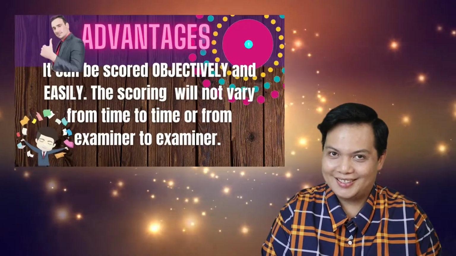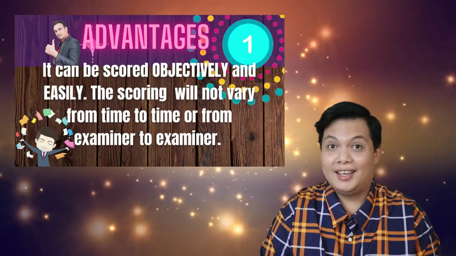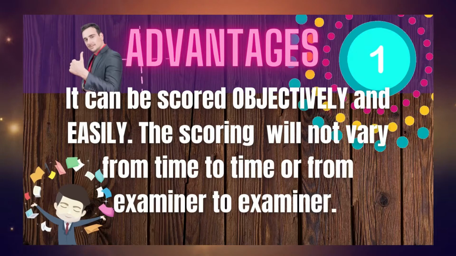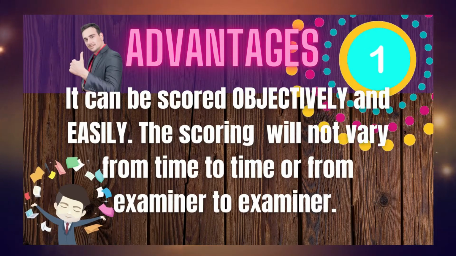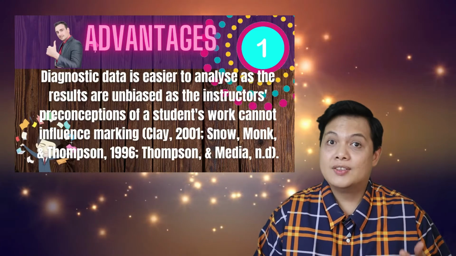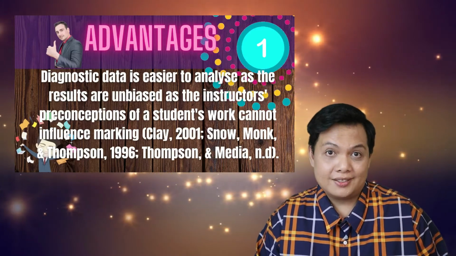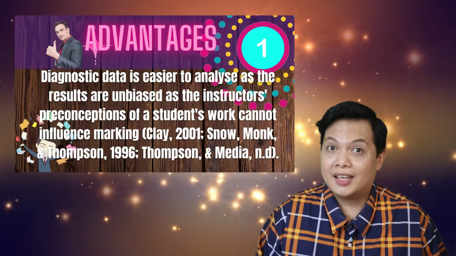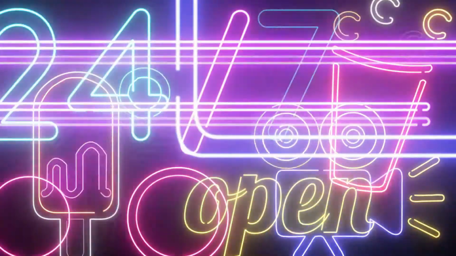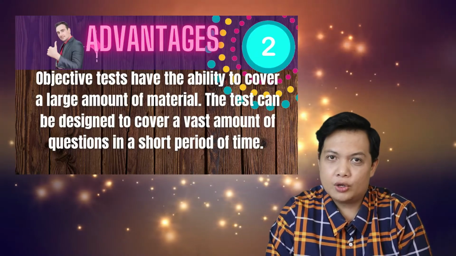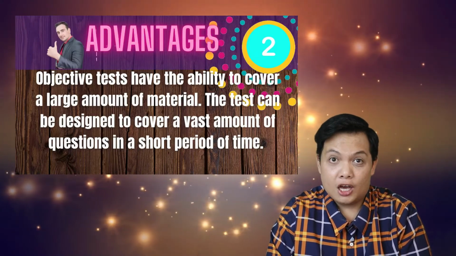Now let's move on to the advantages of an objective type of test. First on our list, it can be scored objectively and easily. The scoring will not vary from time to time or from examiner to examiner. Diagnostic data is easier to analyze as the results are unbiased, as the instructor's perceptions of a student's work cannot influence marking. And next on our list, objective tests have the ability to cover a large amount of material.